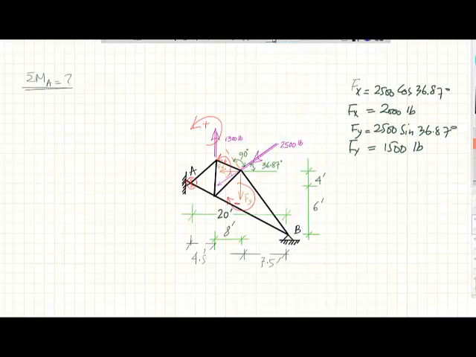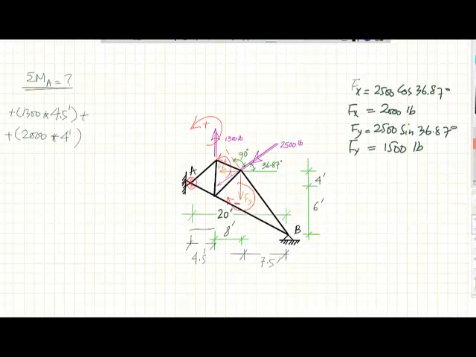I first start with the plus 1300 pounds multiplied by the distance, which is 4.5 feet. And then we have the other positive, F1x, equal to 2000 pounds multiplied by the distance from here to here, which is 4 feet.